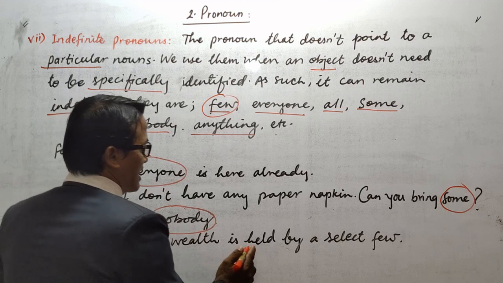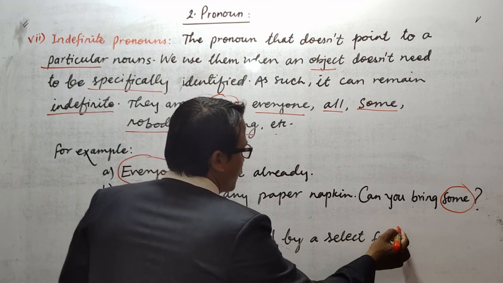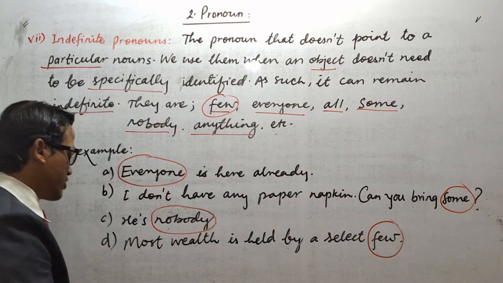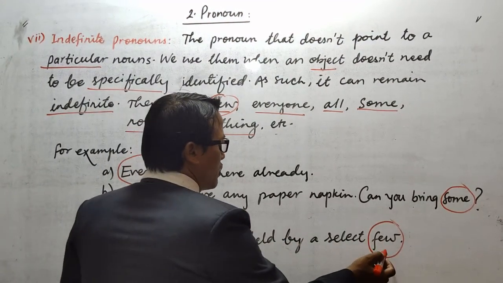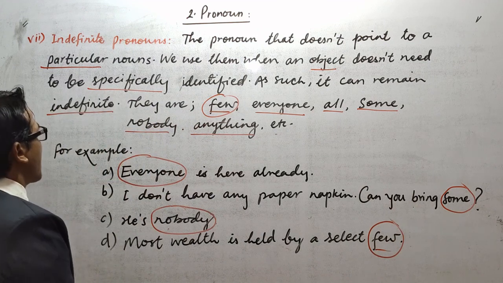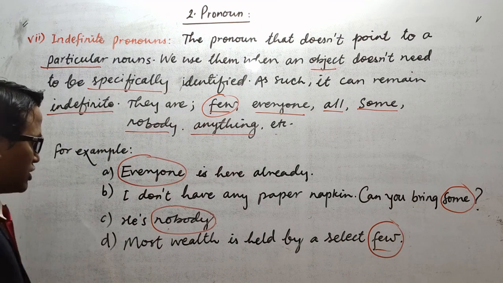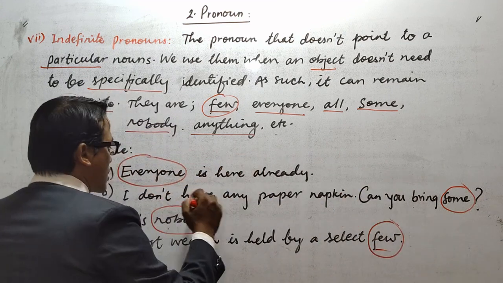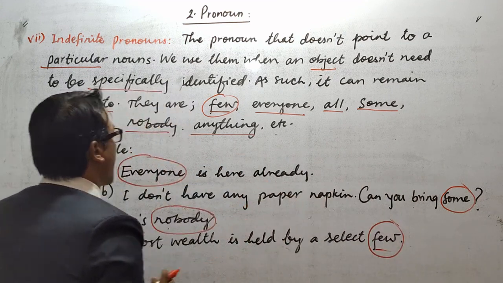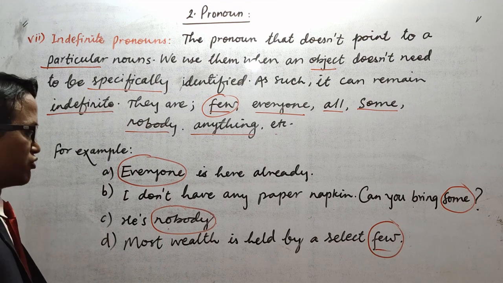Most wealth is held by a selected few. Here few is functioning as an indefinite pronoun. So these words which are circled are functioning in the sentence as indefinite pronouns.